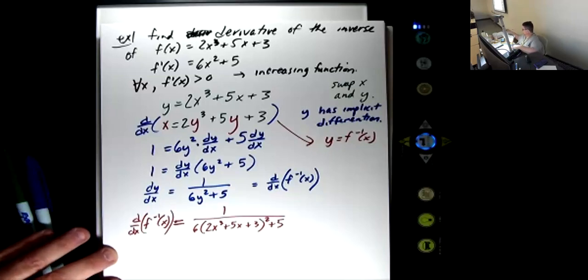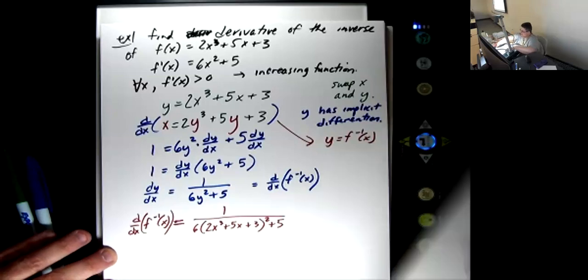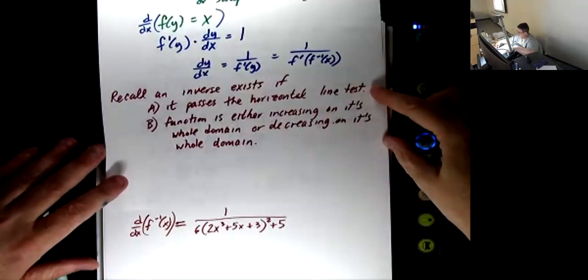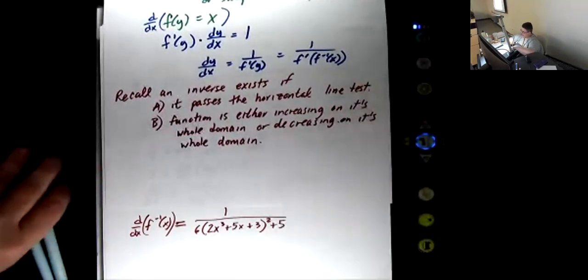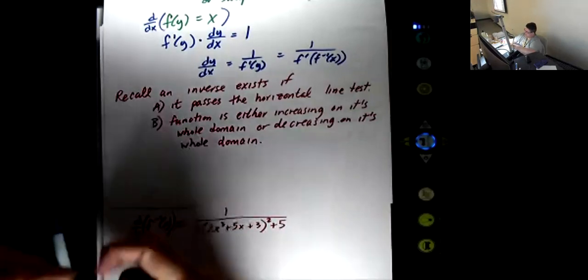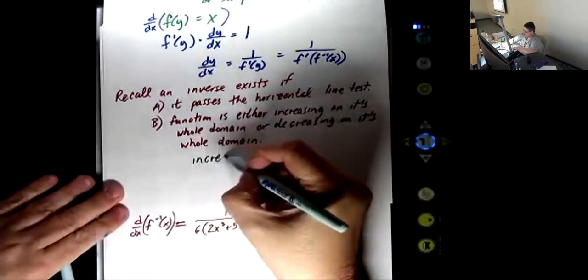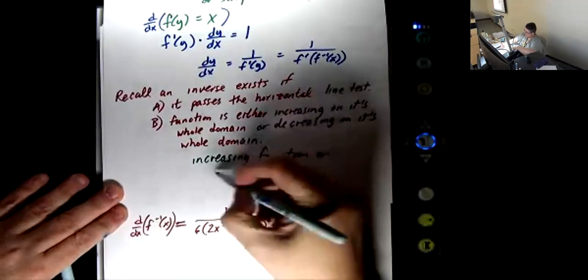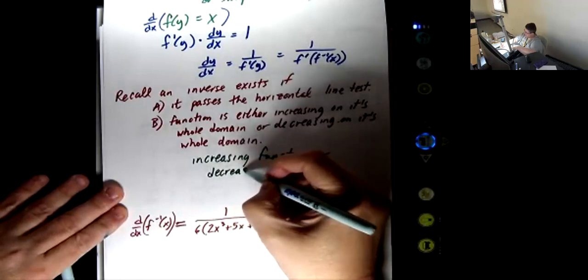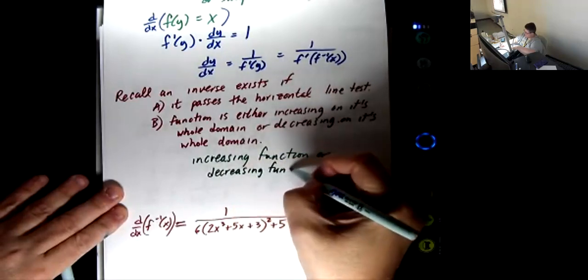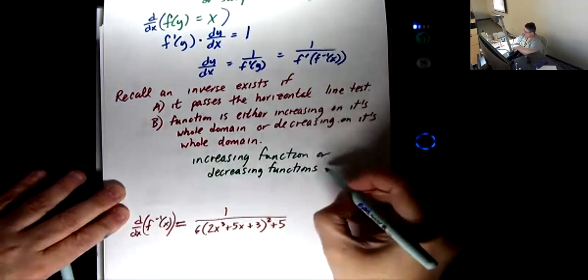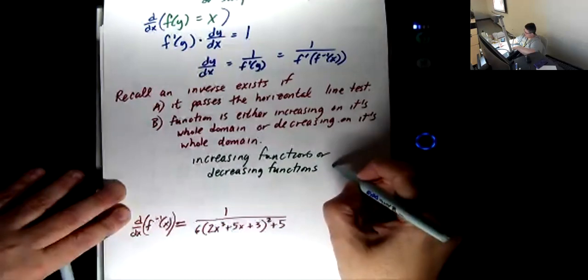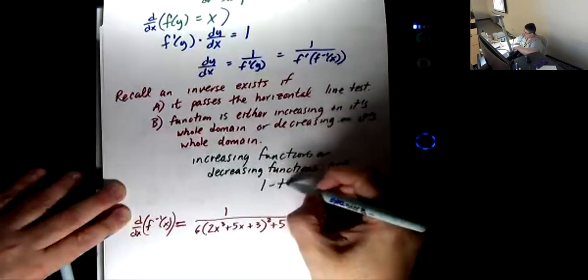And the other takeaway from this little section right here is that functions that pass the horizontal line test are either increasing or decreasing functions. That's what this is called right here. An increasing function or decreasing function. And for it to pass the horizontal line test and have an inverse means the increasing functions or decreasing functions are 1 to 1.